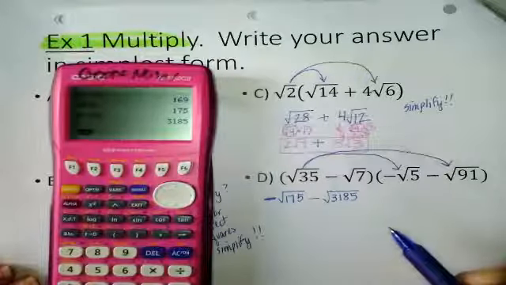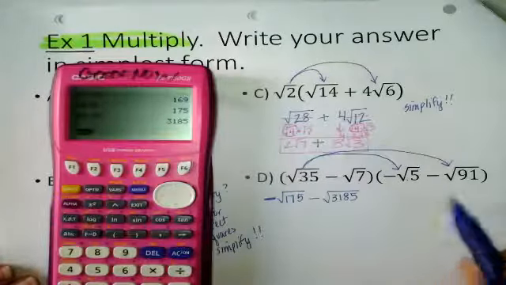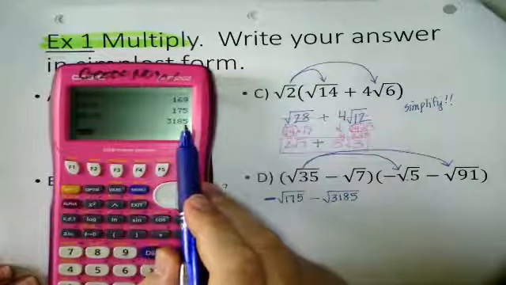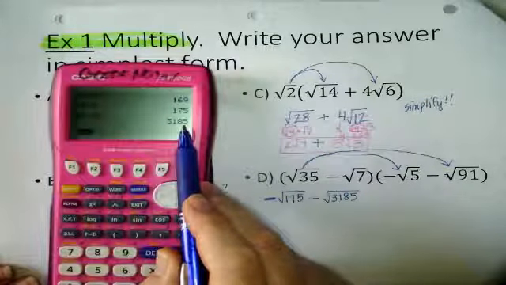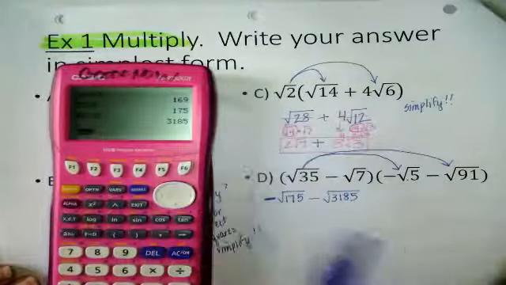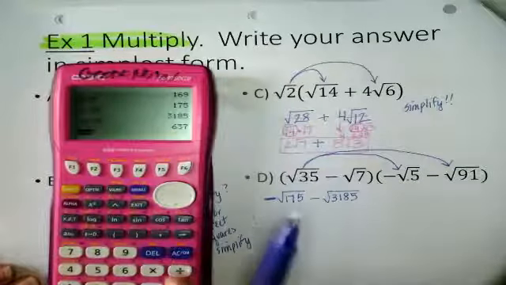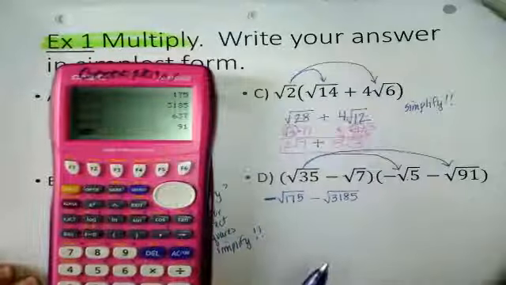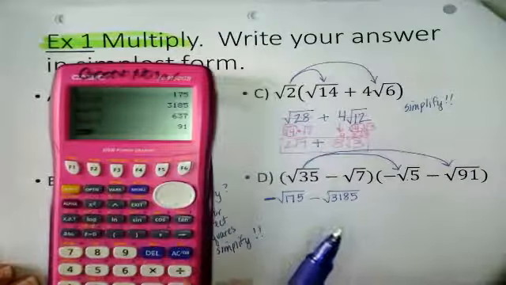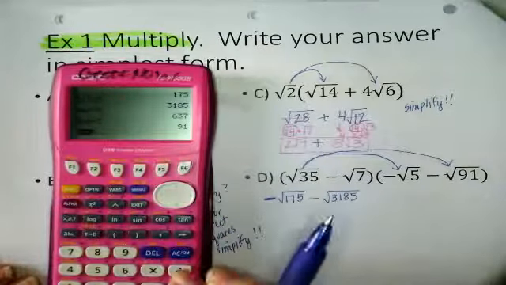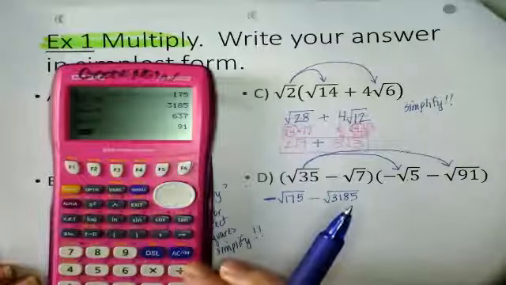All right. That's okay. It ends in a 5, so I know it's divisible by 5. 637, I know, is divisible by 7. 91, I'm trying to see if there's any perfect squares in there.